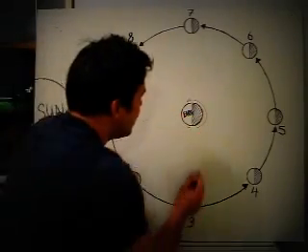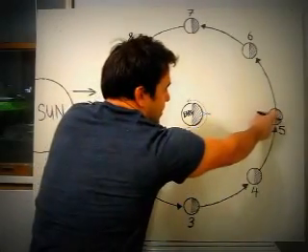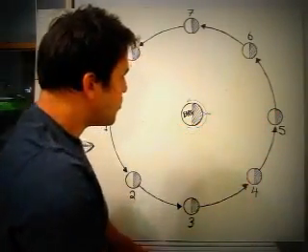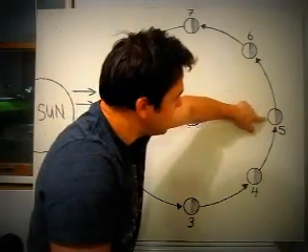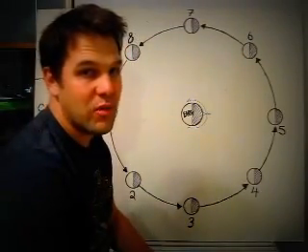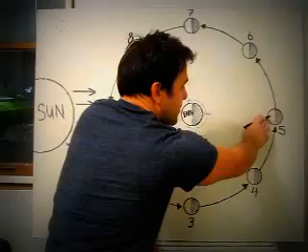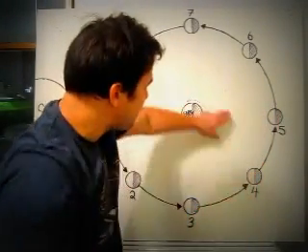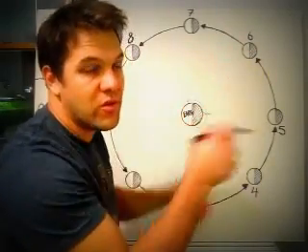If you're standing here, for example, and the moon is in this position here, position 5, you could probably tell what phase of the moon that would be. You would see the whole lit half of the moon is facing you, and so therefore it would look like a full moon.